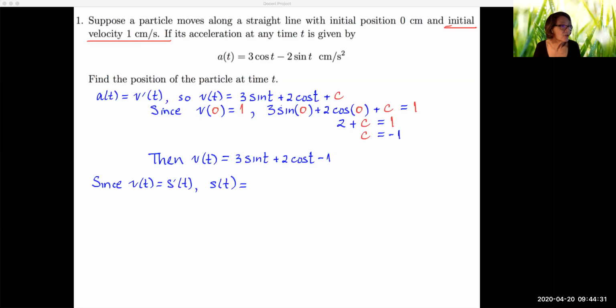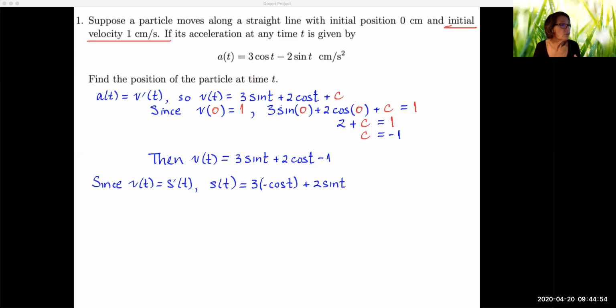So the antiderivative of sine t is negative cosine t. So the position function will be 3 times negative cosine t. And then the antiderivative of cosine is going to be positive sine.